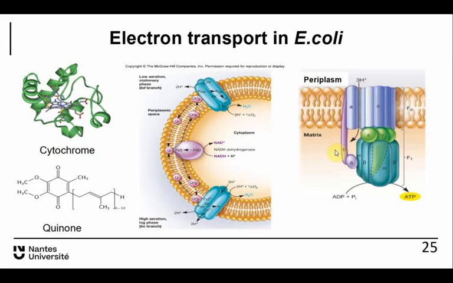So if you add up all the molecules of NADH that are produced by oxidizing glucose to CO2, and then count how many protons are translocated across the membrane by the electron transport chain, and divide that by 3, then you end up with a maximal theoretical yield of respiration of 38 molecules of ATP per glucose.